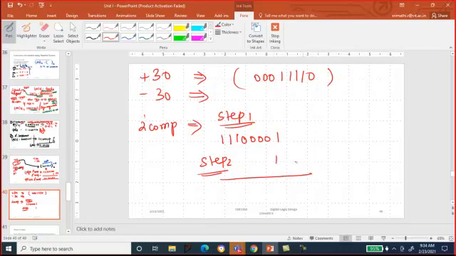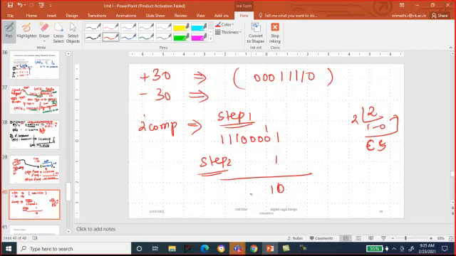Add 1. 1 and 1, if I add, it is 2, which is 10, so the sum is 0 and the carry is 1.